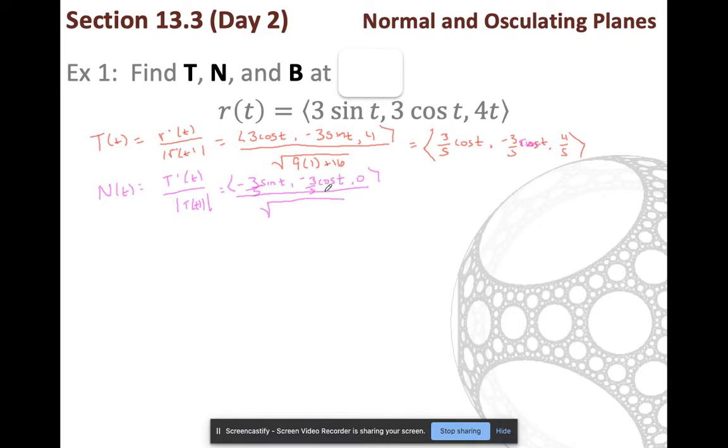Forgot my fifths there. So I'm going to have 9/25 times sine squared plus cosine squared plus 0 squared, all on top of 3/5. So you can see these 3/5 are going to all cancel out. I'm going to be left with negative sine t, negative cosine t, and 0.